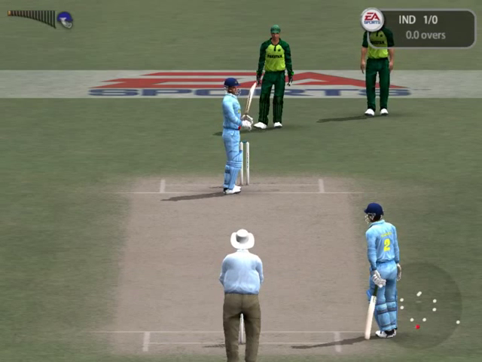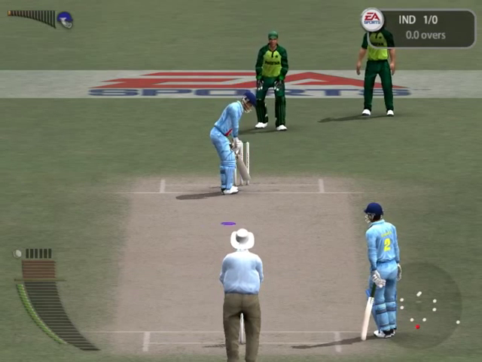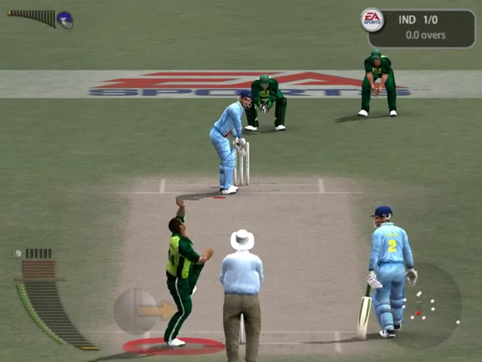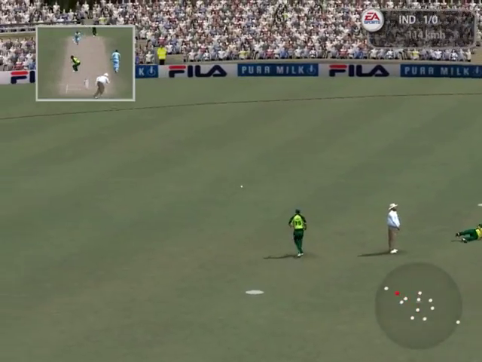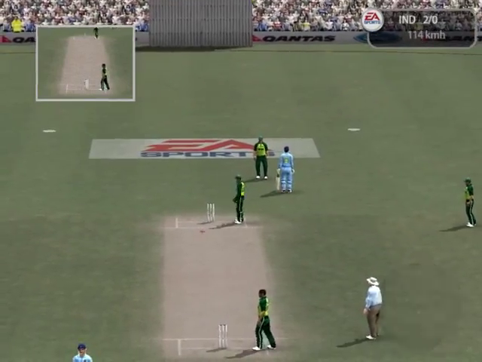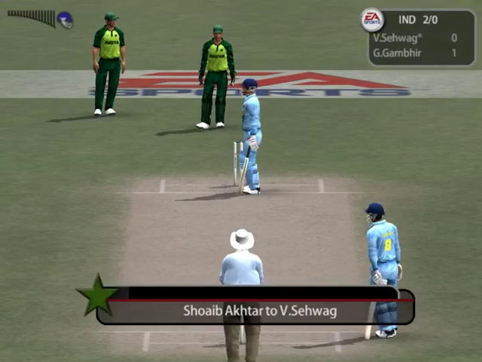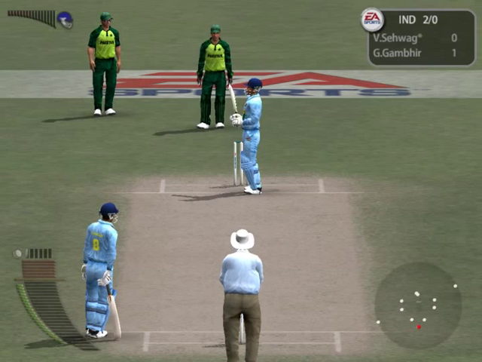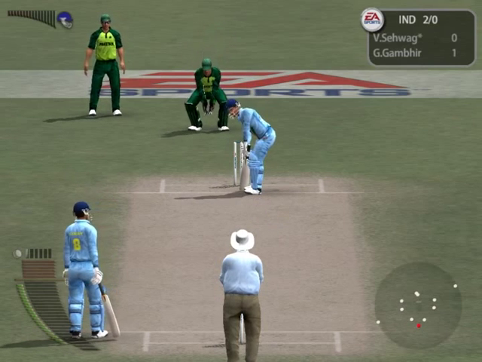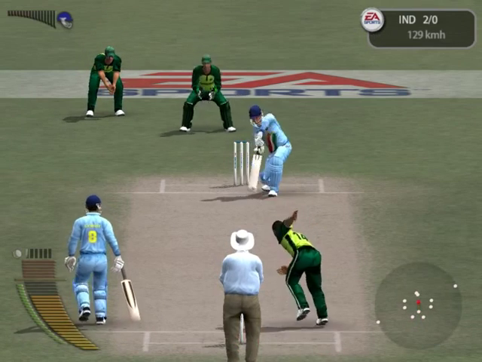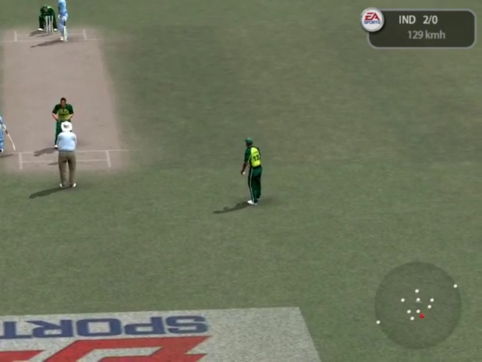Gambia facing. It's the first runs of the day. Shoaib Akhtar, the ball to Shoaib Akhtar is switching to round the wicket. It's straight at Yusuf Yuhana.